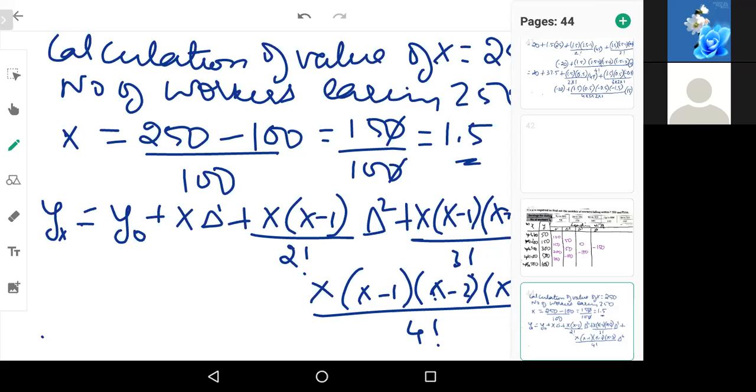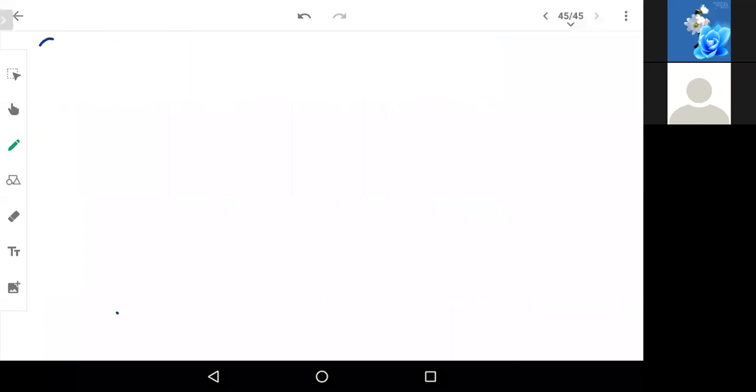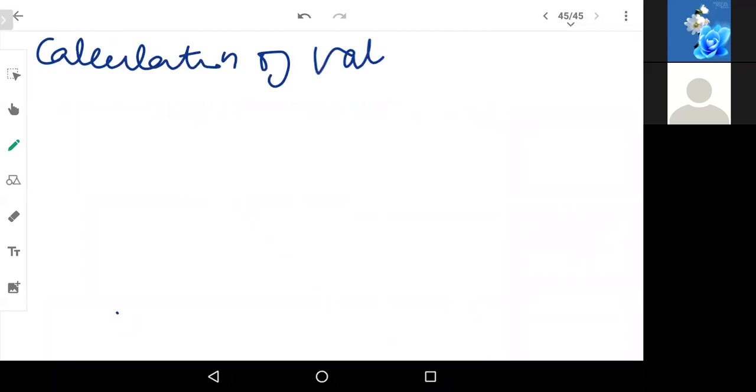So the next value will be calculation of value for x is equal to 350.